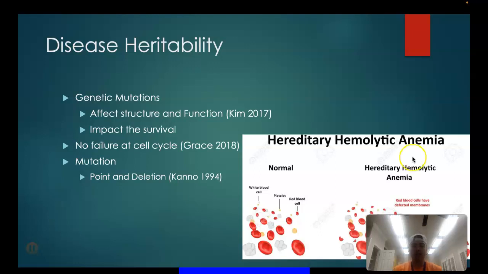And as you see in the picture to the right here, you have this hereditary hemolytic anemia, where the red blood cells have defective membranes already. And so it has all these cell fragments, and the red blood cells break down quicker than you have to the left in this normal looking system.